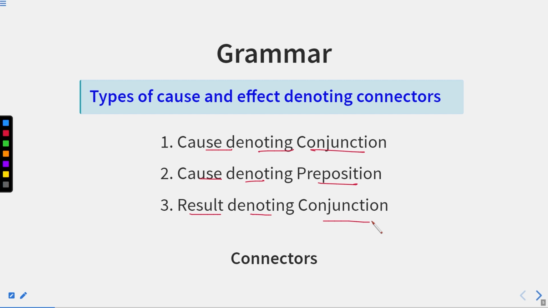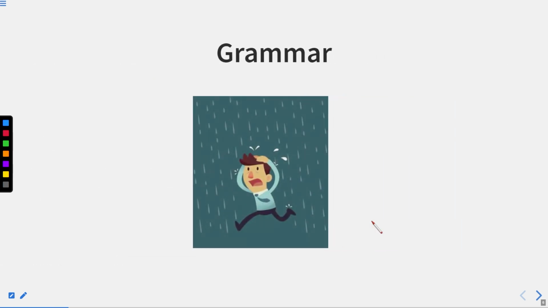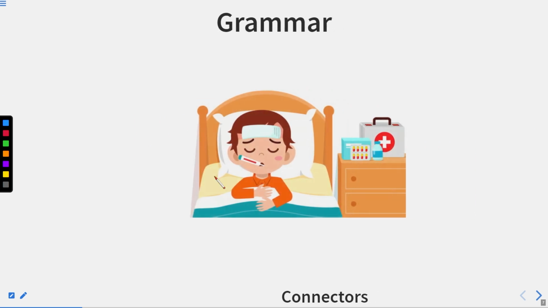Now let us have some examples. Suppose this is a boy and he got wet in rain. So this is cause. Now what is the cause over here? The cause is rain. So rain made him wet. Now the result of it is that he got ill or he got fever.